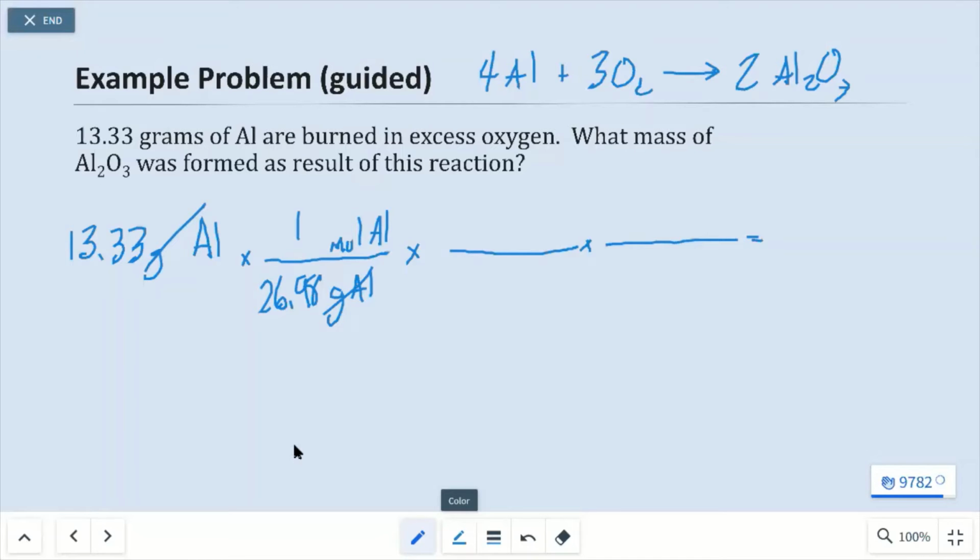My second step is to take moles of aluminum and convert it into moles of aluminum oxide. The balanced chemical equation gives me the relationship 2 aluminum oxide for 4 aluminum. So my moles of aluminum cancel.